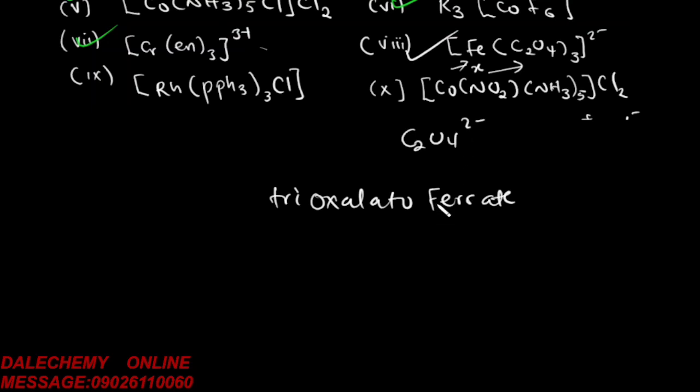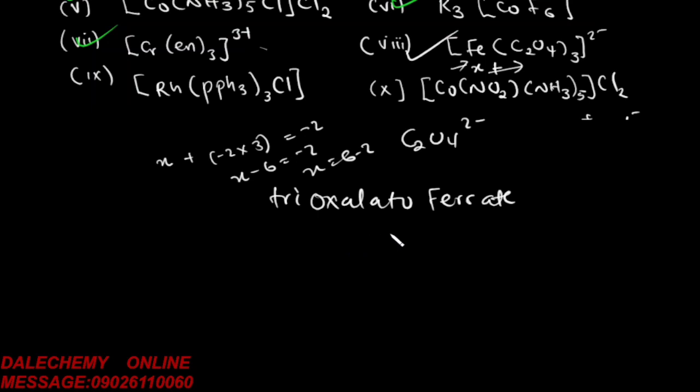So that will mean that it should be C2O4 2 minus. If you want to calculate, it will be X plus C2O4 is minus 2, times 3, will give you minus 2. So X minus 6 will give you minus 2. So X will become 6 minus 2.